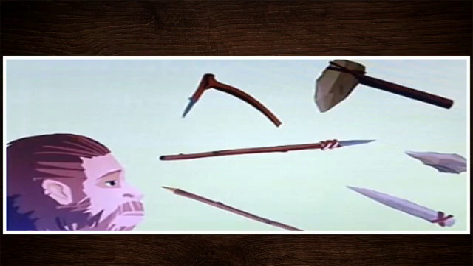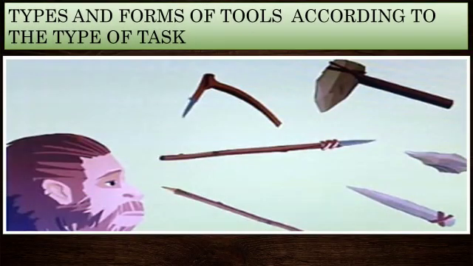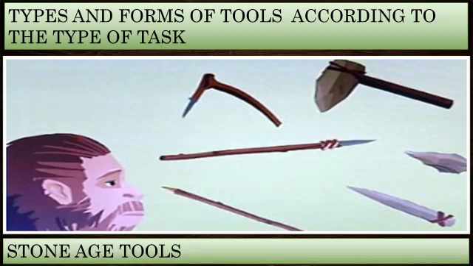So, my dear students, in this lesson of Stone Age stone tools, we are going to discuss two important points. The first one is types and forms of tools according to the type of task. And the second one is Stone Age tools.